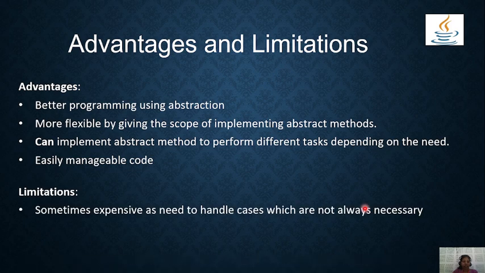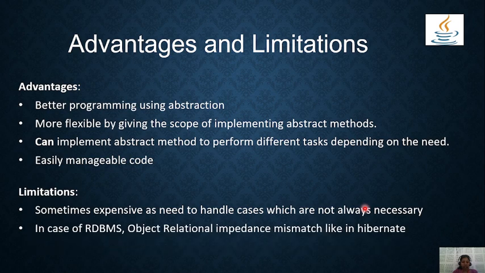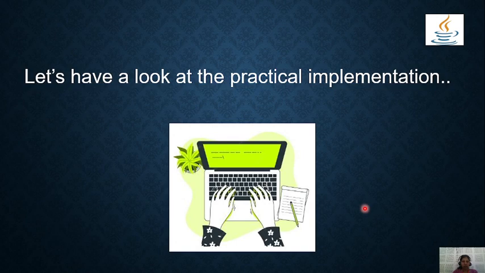While the limitations are that sometimes it is expensive, because we have to handle cases which are not always necessary for that particular scenario. And in the case of RDBMS, there is the object relational impedance mismatch, like in Hibernate. So in RDBMS, it is a limitation.